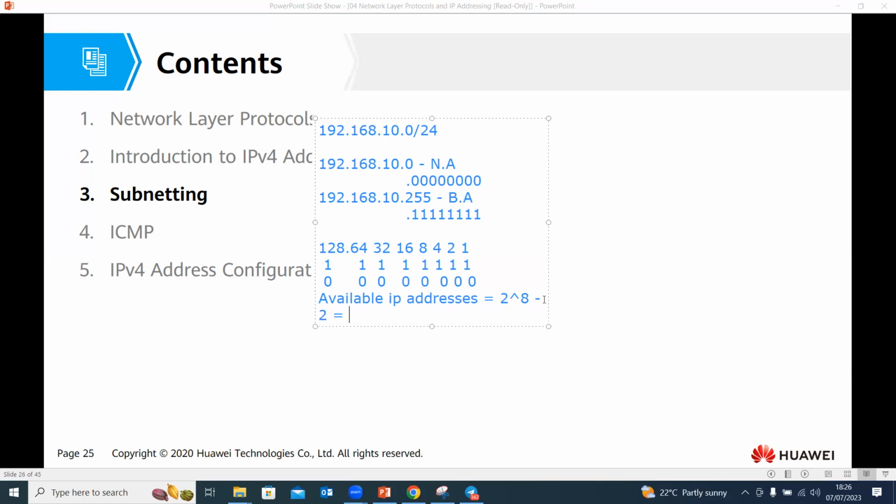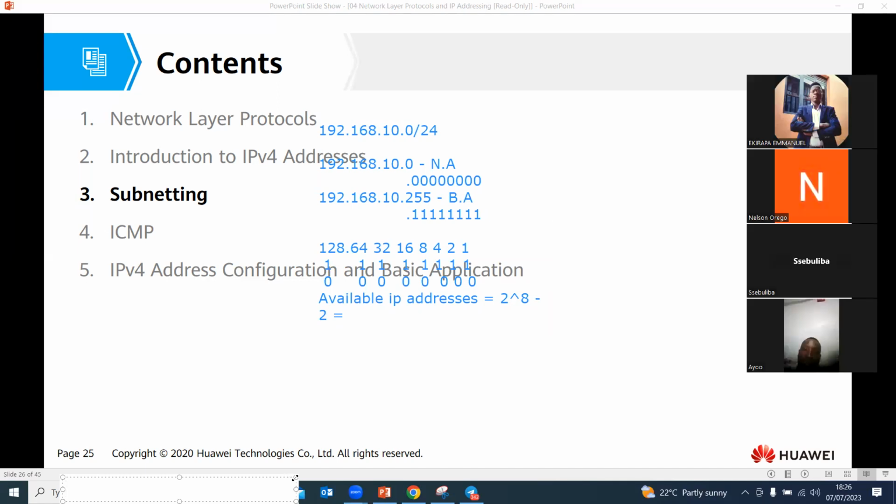Someone quickly tell us. 256, I think. Yes, 256 minus 2, meaning we shall have the number of available IP addresses as 254. Yes. So hope now it is clear.